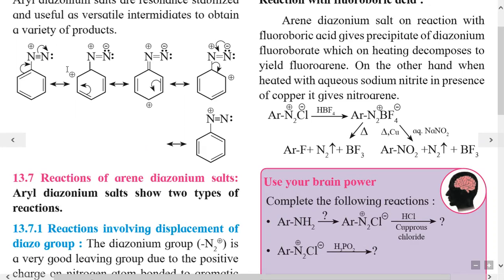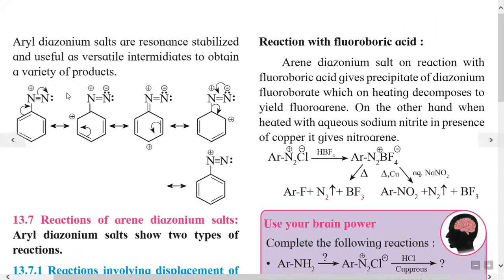Then finally the last double bond in the aromatic ring also moves and forms the positive charge at the ortho position. So positive charges at ortho and para positions are formed, and double bond positions change in the last resonance structure. So these are the different resonance structures which stabilize this aryl diazonium ion.